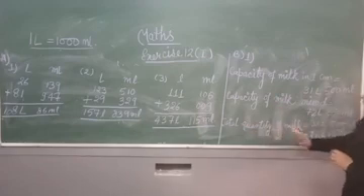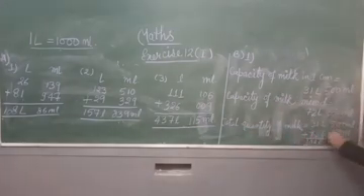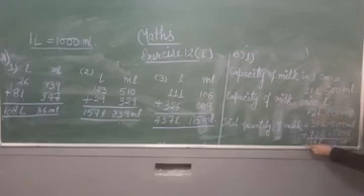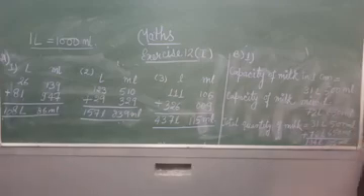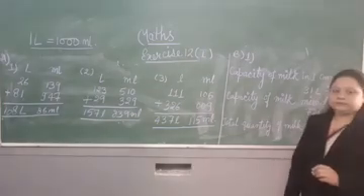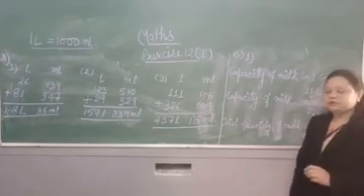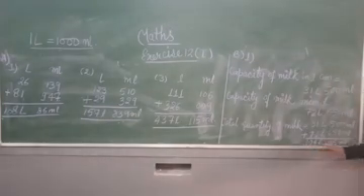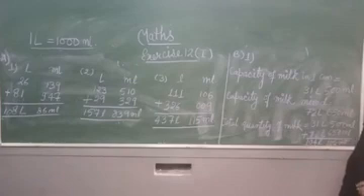Now total quantity of milk. After adding both the quantities, you are going to get 104 liters and 105 milliliters. Clear to all of you? 104 liters and 105 milliliters.